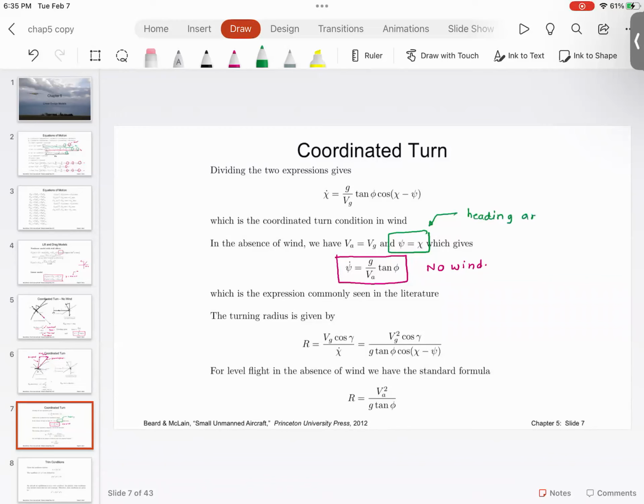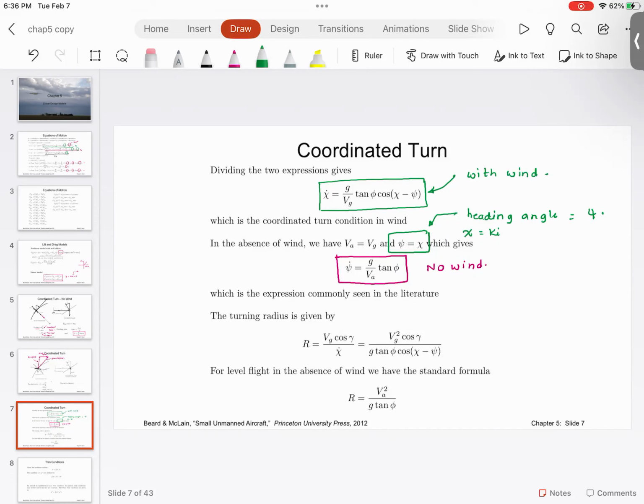Heading angle is equal to psi, and that gives you this. This is called chi. And if you have wind, then you get this equation. This is the expression with wind. So these are the two expressions.